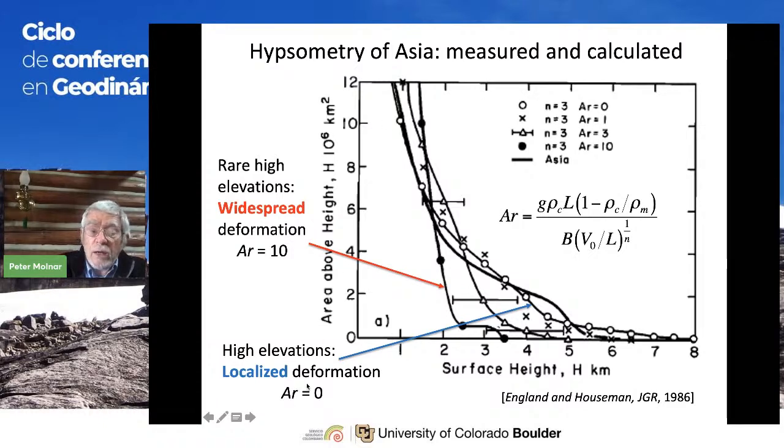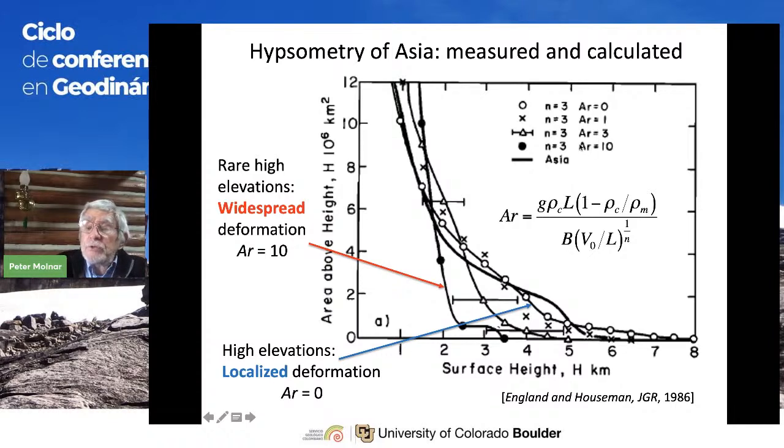If the Argand number equals 0, gravity is not important, then you can have very high elevations. This is the case where the Argand number is 0 and n is 3. You can have very high elevations because gravity is not resisting the building of high terrain. The only thing stopping building high terrain is the viscous material, the viscosity of the material.